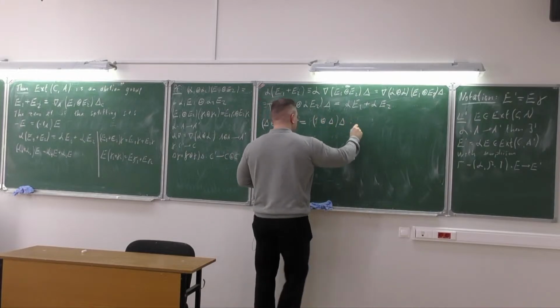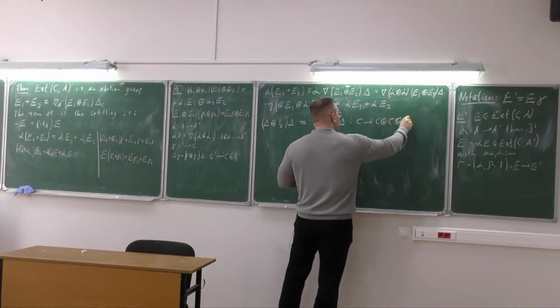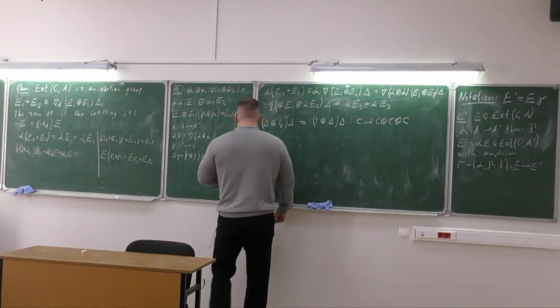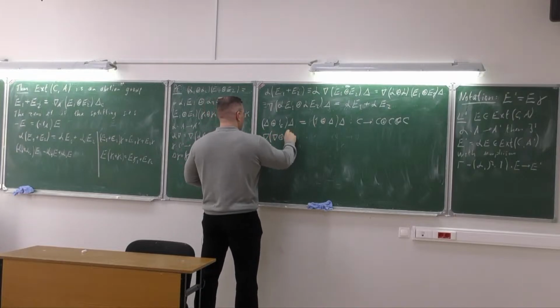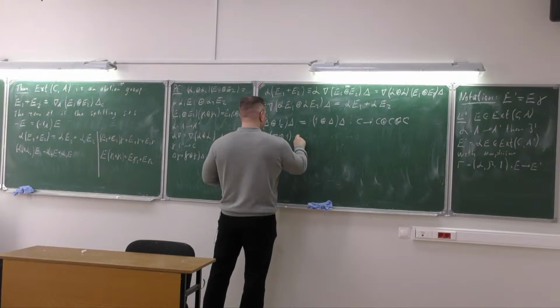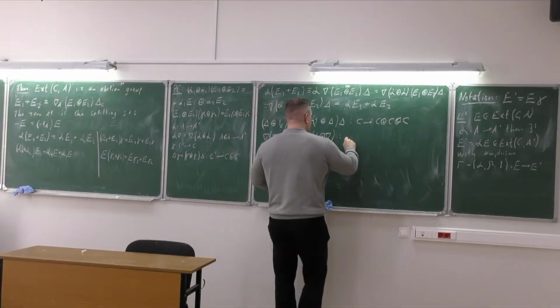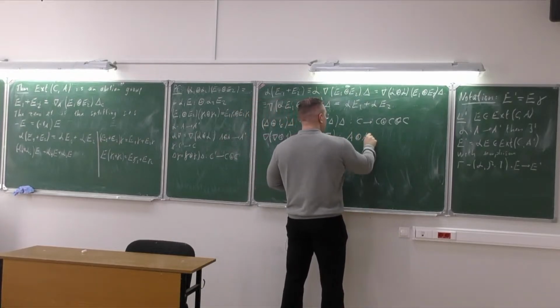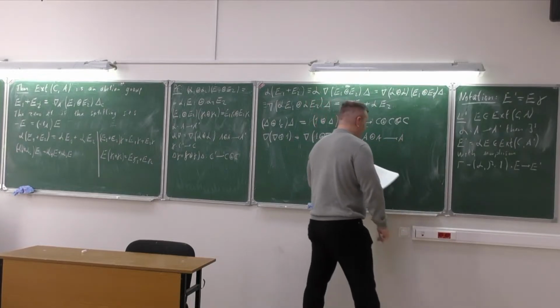So this is as a map from C to C plus C plus C. And the same for the codiagonal. So this is from A plus A plus A, and this is mapped to A.